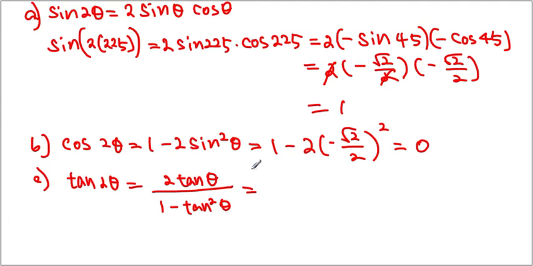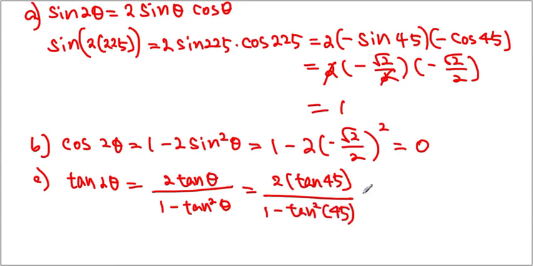But when you look into tangent of 225, it is on the third quadrant. So that's equal to 2 times tangent of 45 over 1 minus tangent squared of 45 degrees. Now, since tangent of 45 is equal to 1, we end up getting 2 over 0, which is equal to undefined.